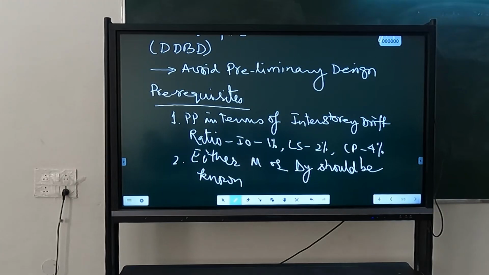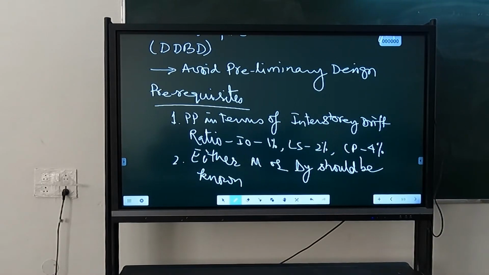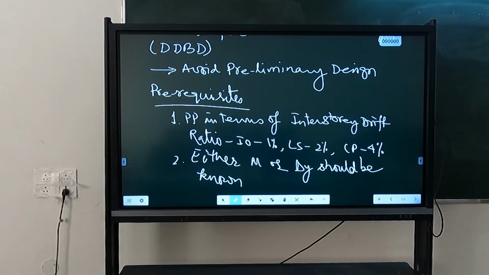So either you decide that this much is the ductility ratio which your structure can provide, or you have to estimate delta y somehow. Okay, then the rest of the procedure will be the same as I have discussed earlier.